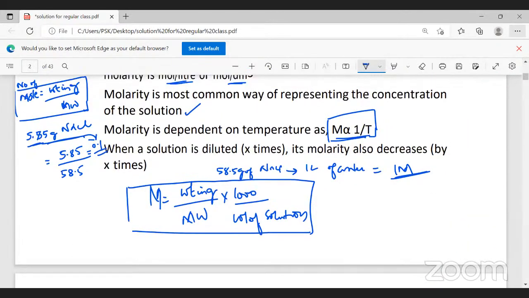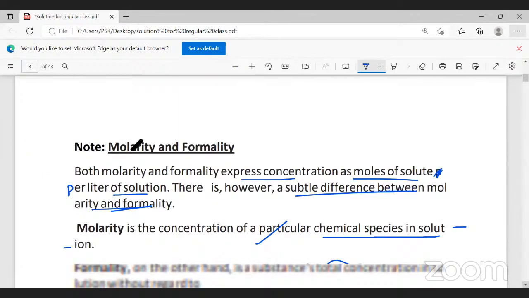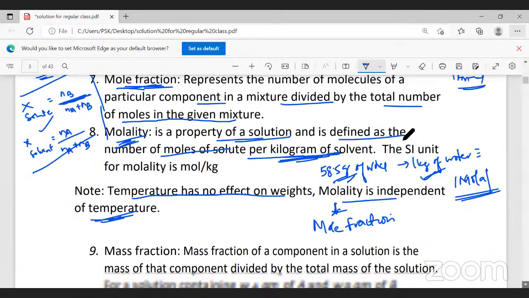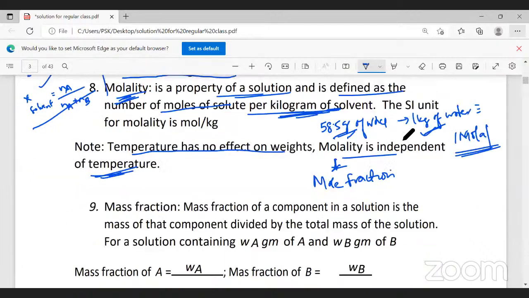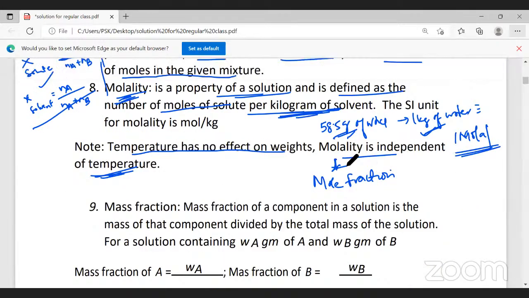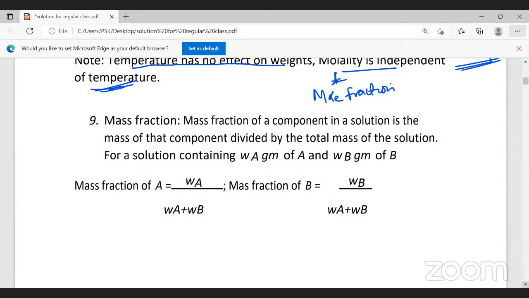It's dependent on temperature. But molality and mole fraction do not depend on temperature, because weight remains the same. Whether it expands or compresses, the weight remains the same. Therefore, molality and mole fraction are independent of temperature. Correct? Is it clear? Yes, sir.